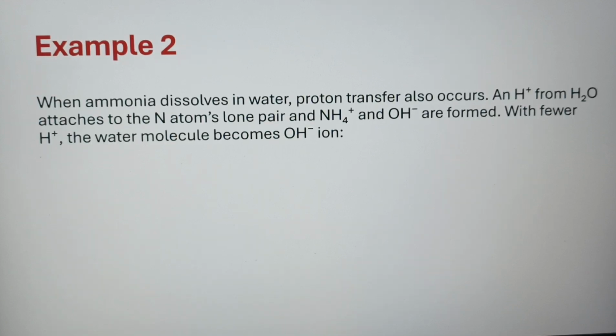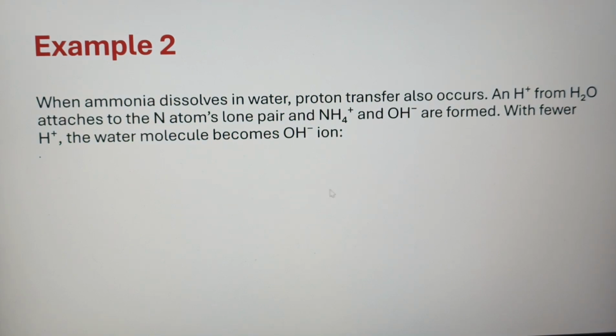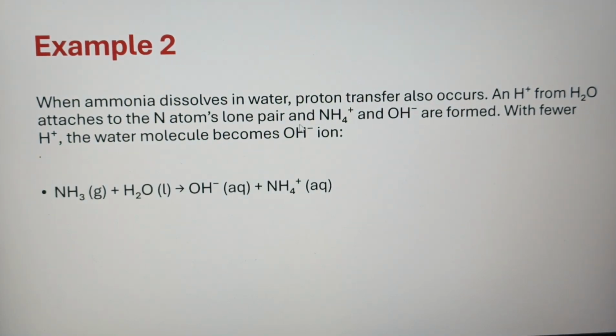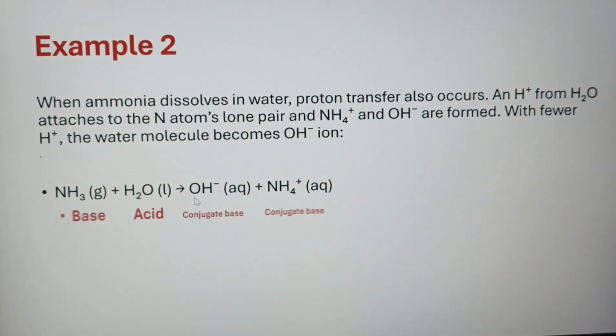Now let's consider another reaction, this time involving ammonia. When ammonia dissolves in water, a proton from water is transferred to the lone pair on the nitrogen atom in ammonia, forming ammonium ion and hydroxide ion. Here we can see from this equation, when ammonia and water react, they form ammonium ion and hydroxide ion.